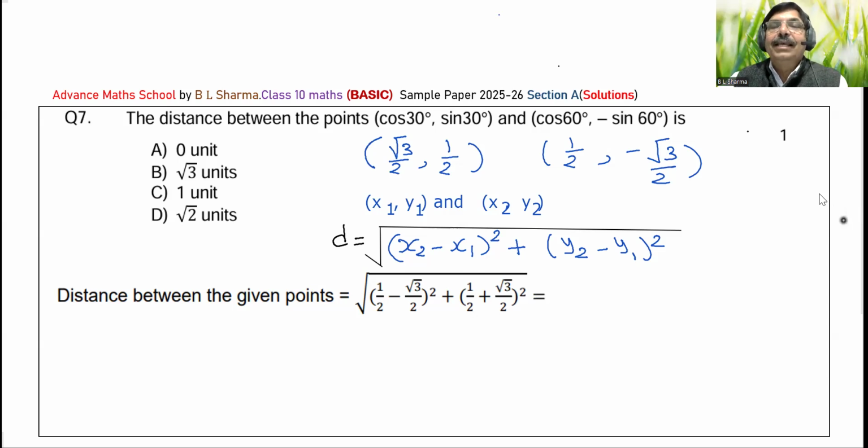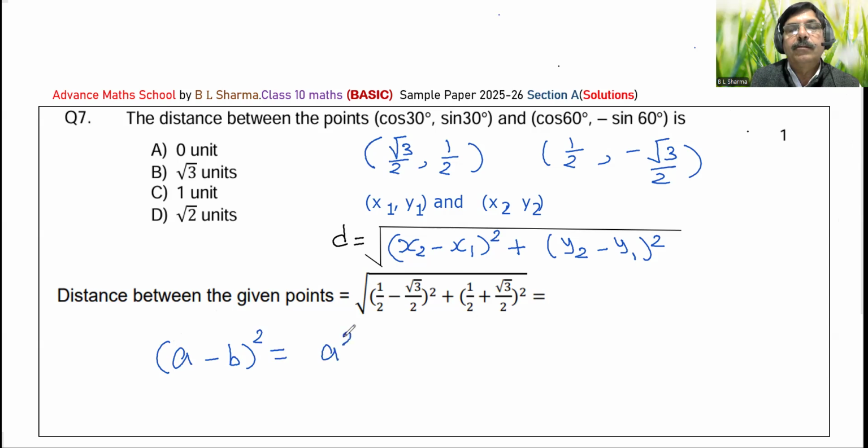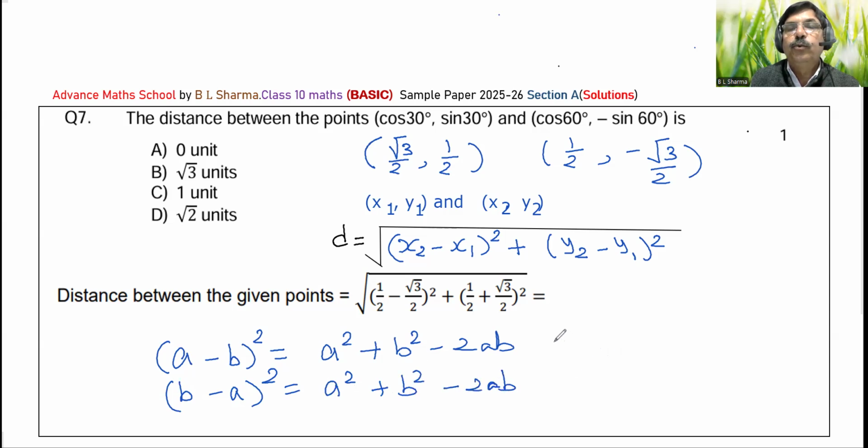See, देखिए, एक तो मैं आपको एक चीज बता दूं बीच में ही, आपको बहुत ही कंफ्यूजन रहता होगा, and very important. See, (a minus b) whole square is equal to a square plus b square minus 2ab. (b minus a) whole square is also a square plus b square minus 2ab.